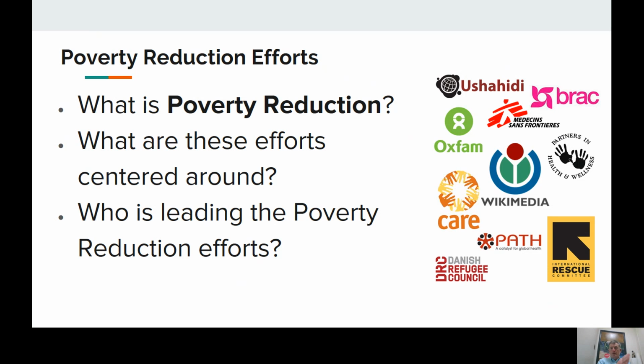So then what are these poverty reduction efforts? Well, you're looking at community-driven development plans, where you're allowing for maybe low-cost childcare so that people can go to work.